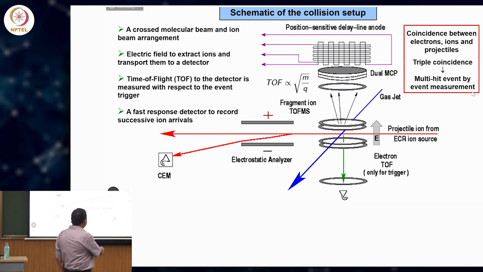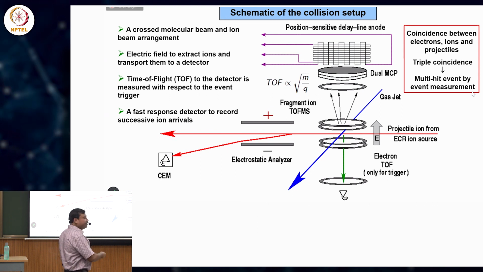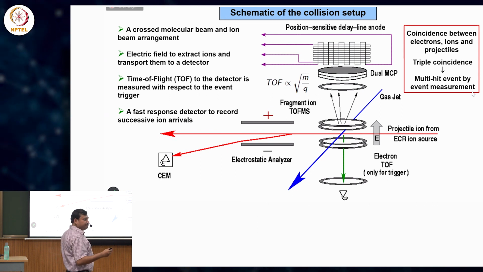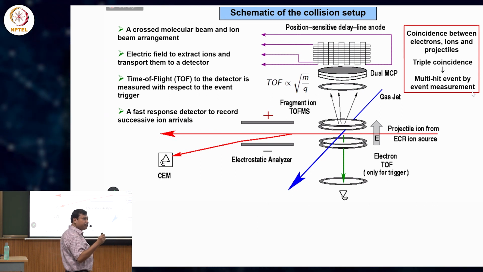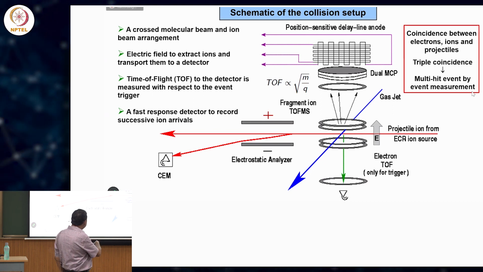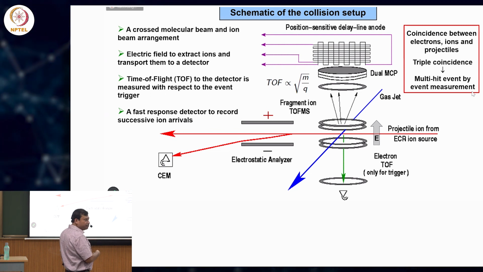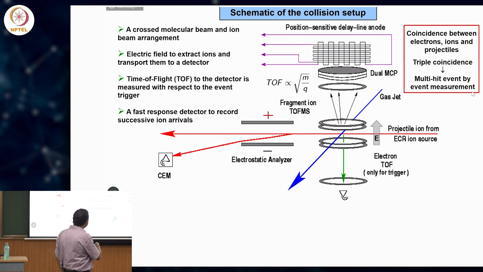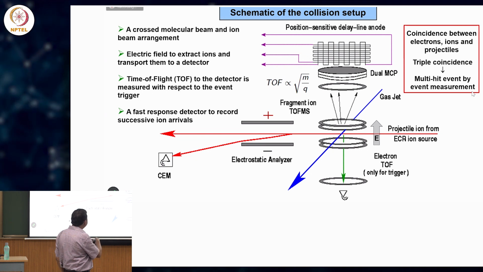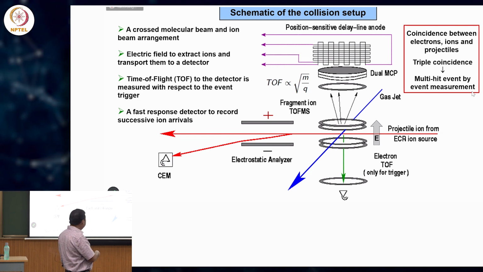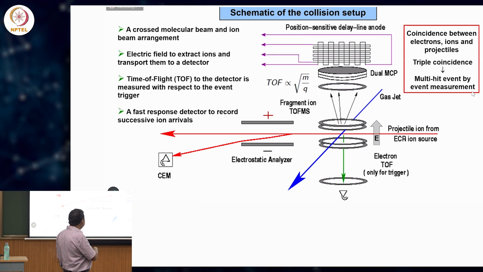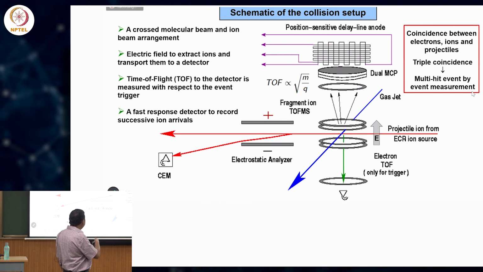So this is only good for getting a trigger. The first electron comes, it just gives you a start, and after the start the fragments are much heavier. Even the proton is 2000 times heavier, so the fragments will reach here at a much later time.